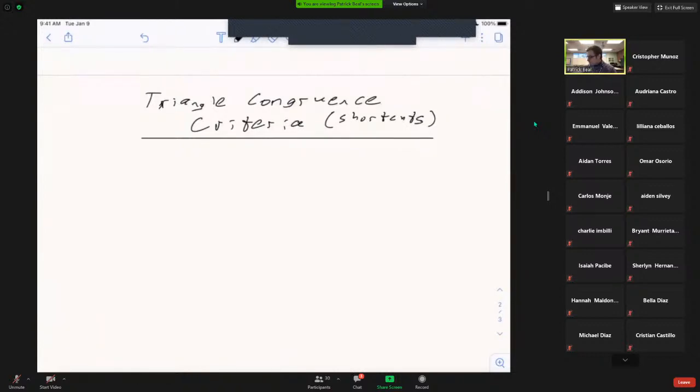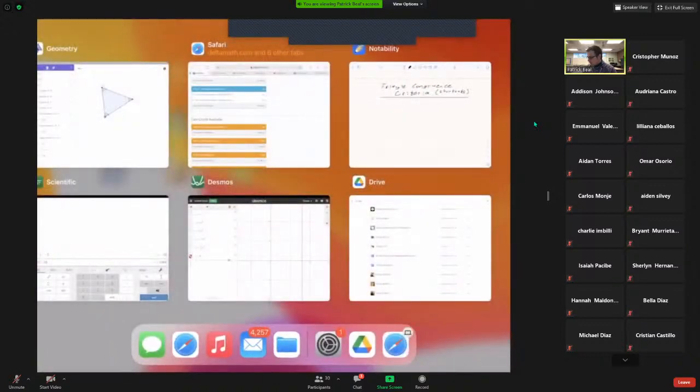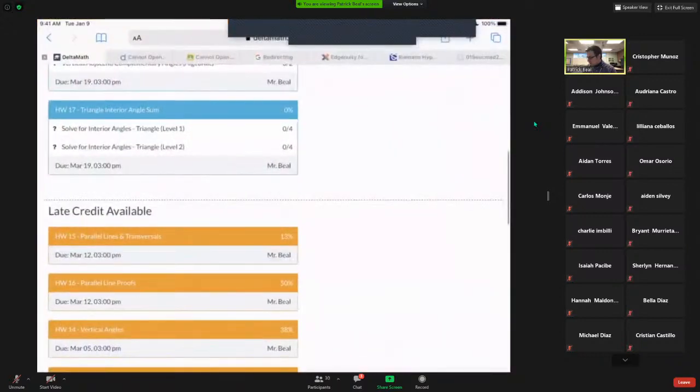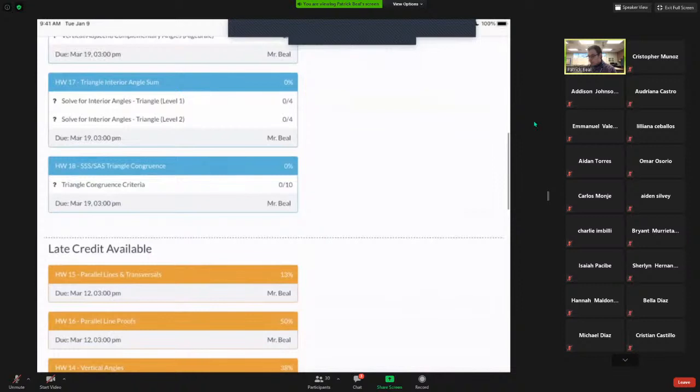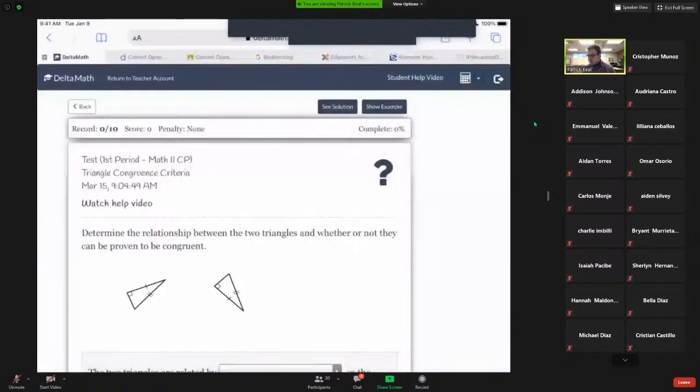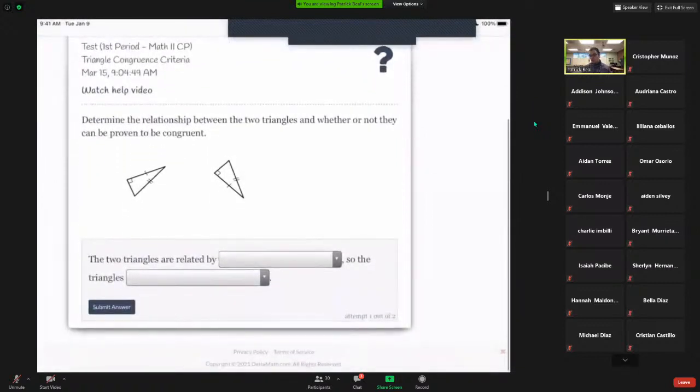Let's see here. Maybe I'll take this opportunity to show you what the homework is going to look like, which is homework 18. It just has one part, 10 problems. It's going to be something that looks like this. It says determine the relationship between the two triangles and whether or not they can be proven to be congruent.